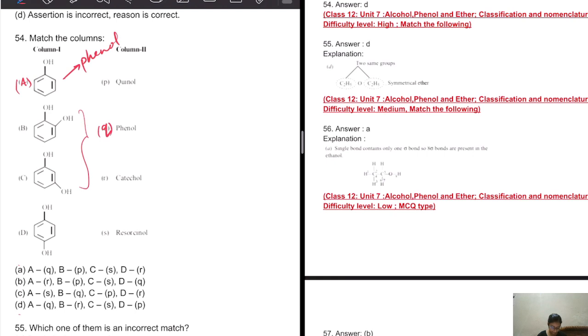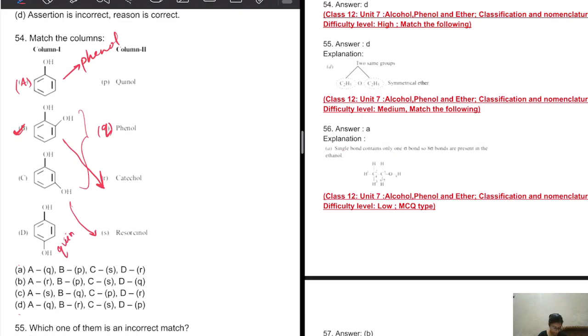And see, this structure is catechol. Okay. You have to keep this thing in mind. And this is resorcinol. And this is quinol.